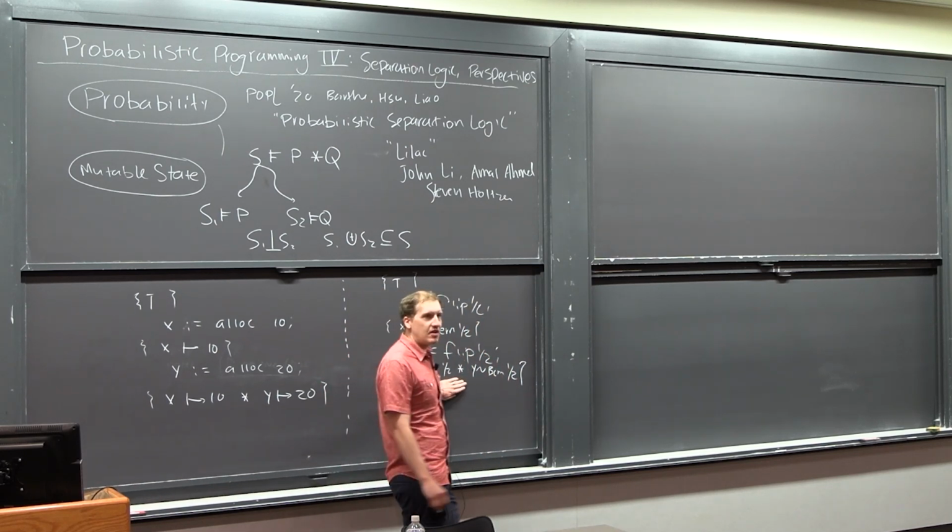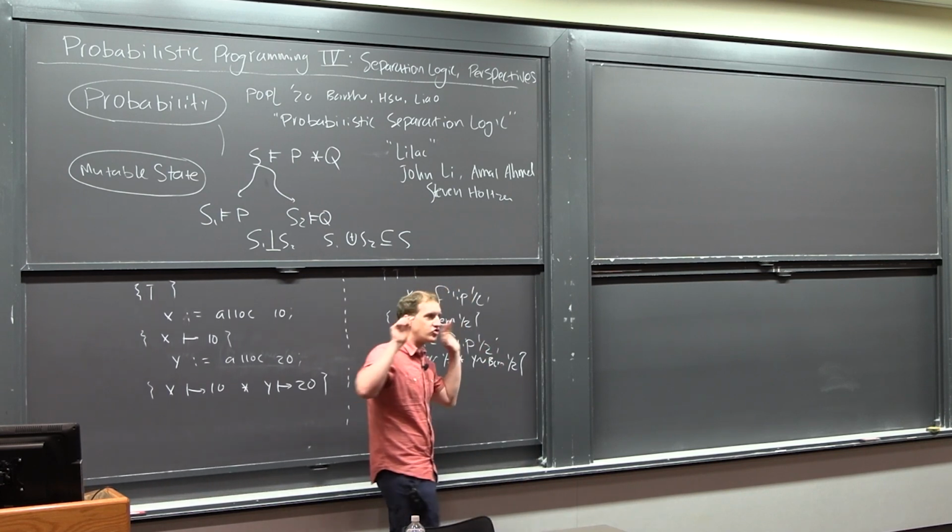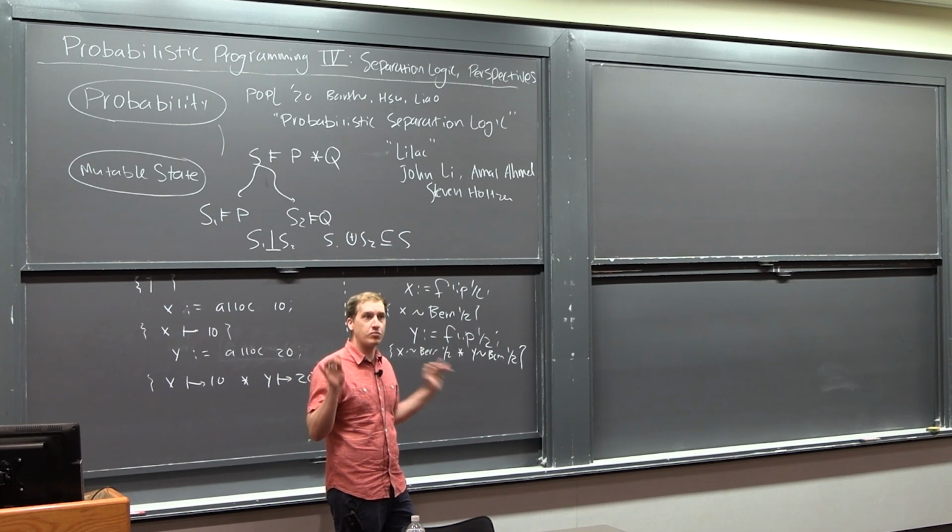And what this star is going to mean is very analogous. The star is going to mean that these two things hold over disjoint portions of the state space of the program.